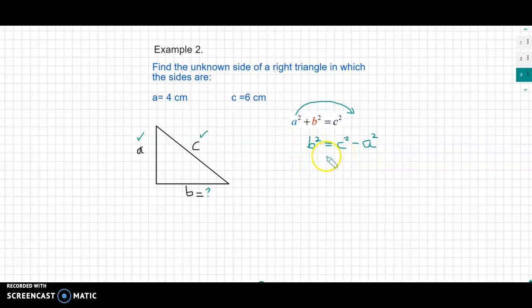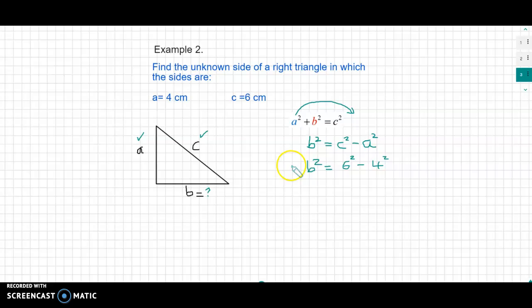So guys, we're going to replace the values that we already have. We already have C, and we already have the value of A. So B squared equals C squared, where C is 6, so 6 squared minus A squared, but A is 4 centimeters, so that would be 4 squared.